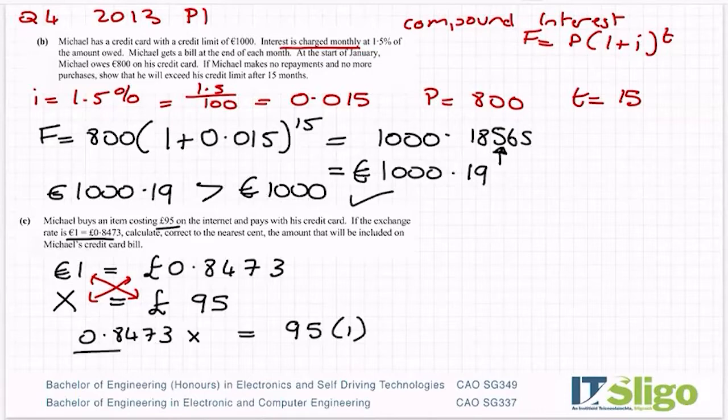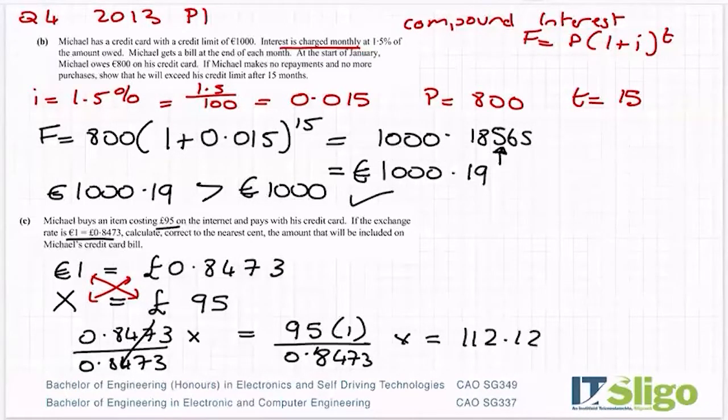Okay, and then I divide both sides by the number in front of x, so that I get x, the euro amount, to be equal to 95 divided by 0.8473. 112.12 euros is what I got for that. Okay, so that's the official way of doing it.